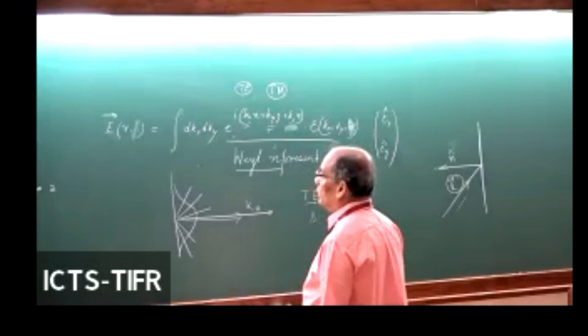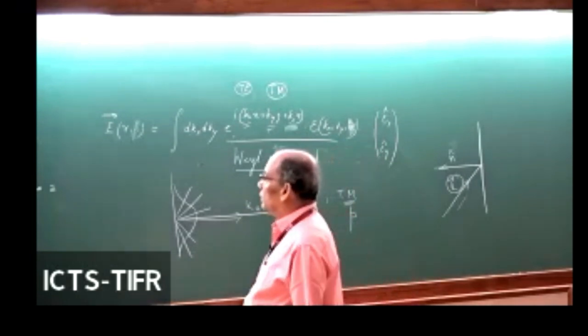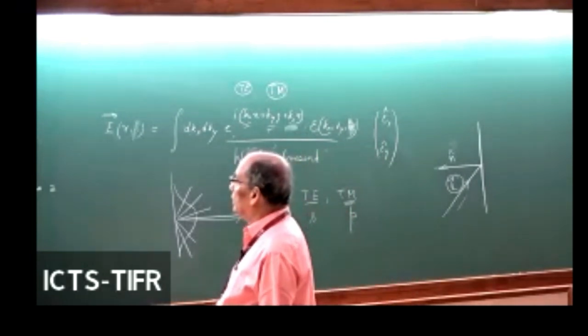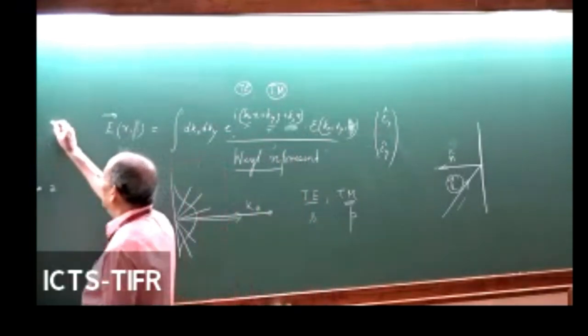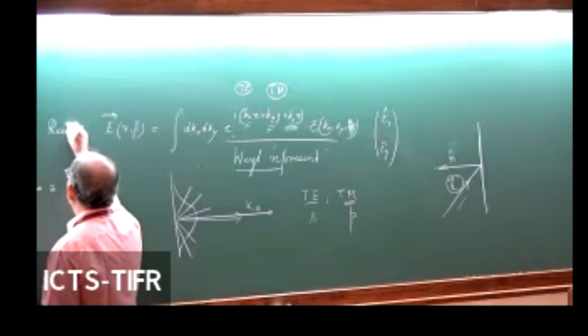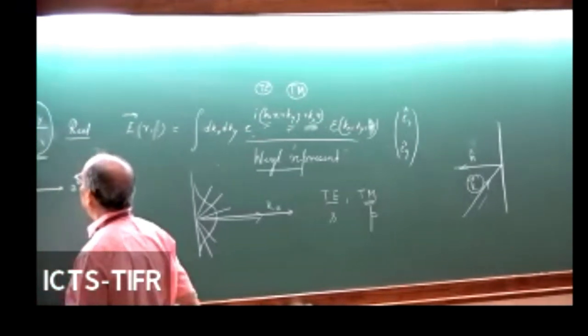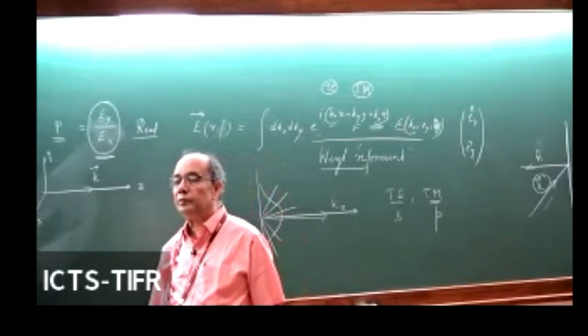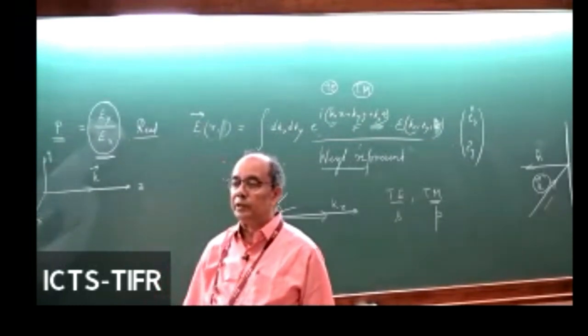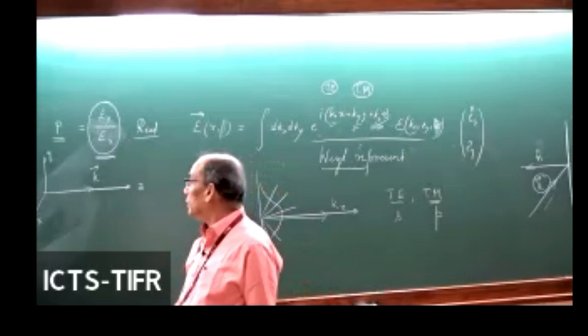But remember the main concept: in phasor notation, both Ey and Ex are complex quantities, and their ratio determines the polarization. If this ratio is real, Ex and Ey have the same kind of character, either both real or both complex, but the ratio is real.